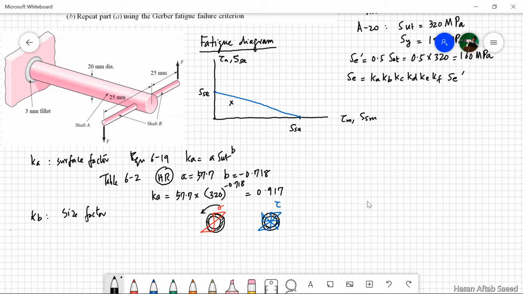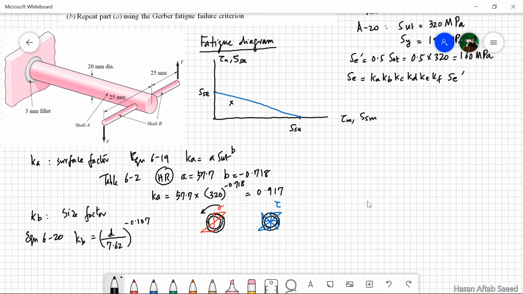But here, all you need to do is take equation 6.20. And according to equation 6.20, KB can simply be calculated as D over 7.62 to the power minus 0.107.